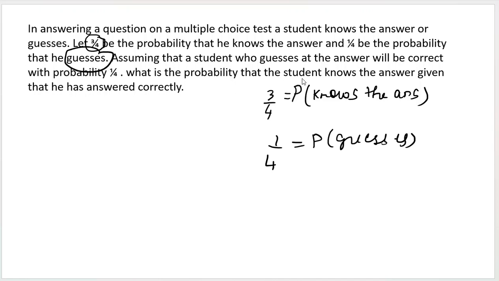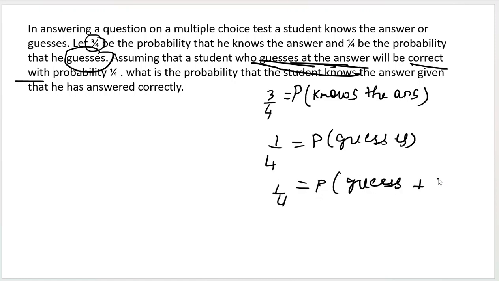Assuming that a student who guesses at the answer will be correct with probability 1 by 4. So the other 1 by 4 over here is nothing but a student guesses at the answer along with being correct. So this is nothing but probability of guesses plus correct.